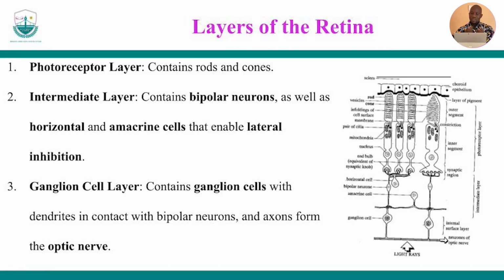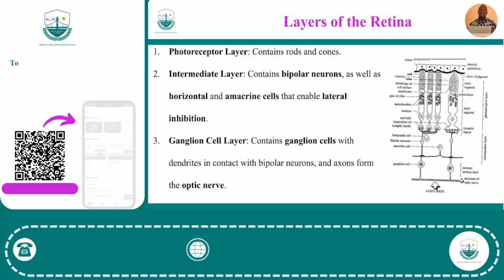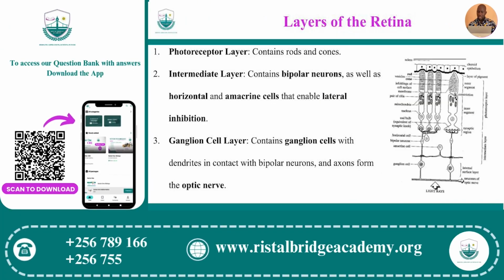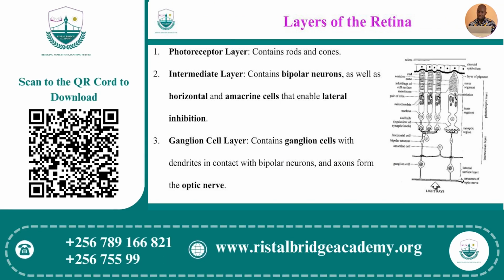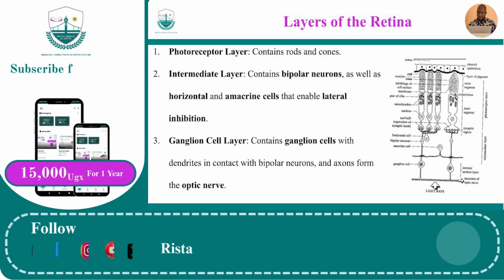That connection between nerves and neurons is what we call a synapse. So there is a synaptic connection. That's why this region here we call the synaptic region, because we have several synapses here. So you see this rod is connecting to these bipolar neurons here.